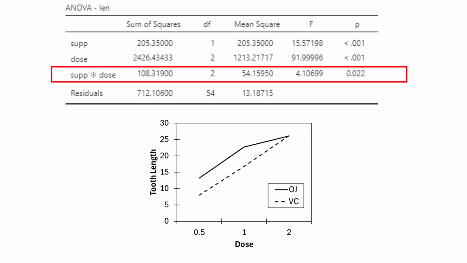But there is a significant interaction such that the effect of supplement on tooth length depends on dosage. Or, another way of saying that, the effect of dosage on tooth length depends on the type of supplement. So because we have that significant interaction effect, we can go and start unpacking and probing it.